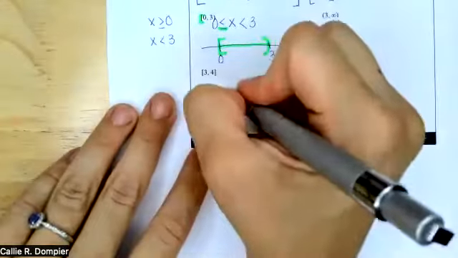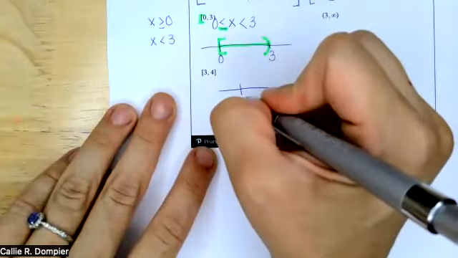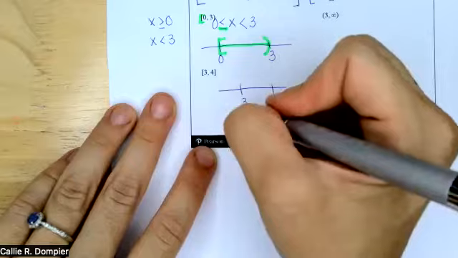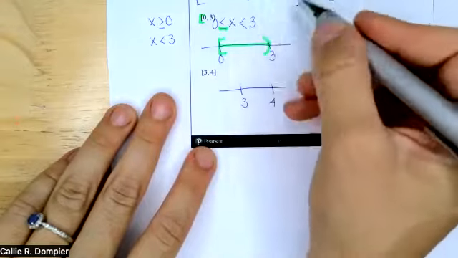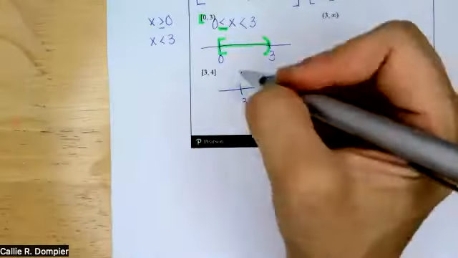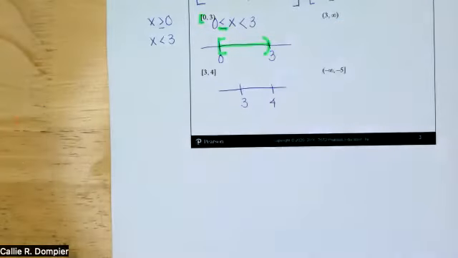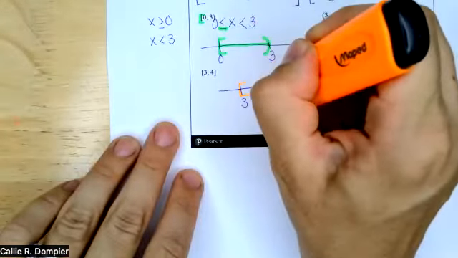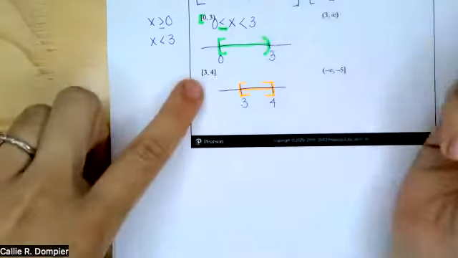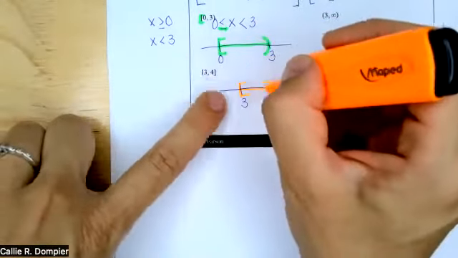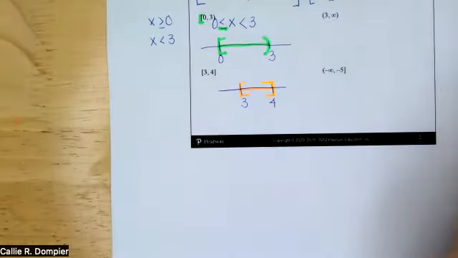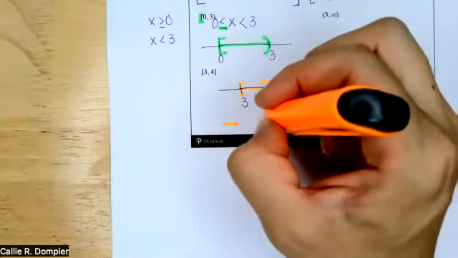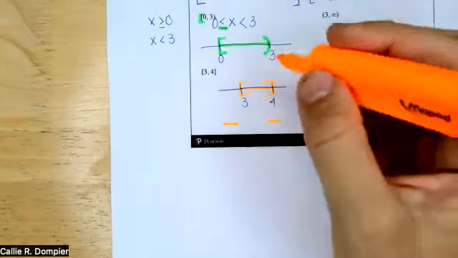Here I just have the numbers 3 and 4, and it doesn't matter. If you like graphing it first, you can graph it first. If you like writing it as an inequality first, you can also do that. So 3 and 4, we had brackets. So I'm just going to graph what I see. I see 3 with a bracket, and I see 4 with a bracket. Remember, brackets mean equal to or including, okay?